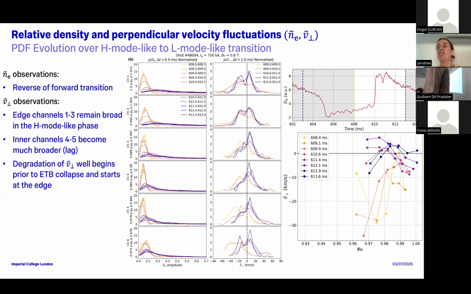So that's an indication that the erosion of the ER well begins through changes in perpendicular velocity from the scrape-off layer inwards. And then you can see the gradual formation of these L-mode-like profiles.